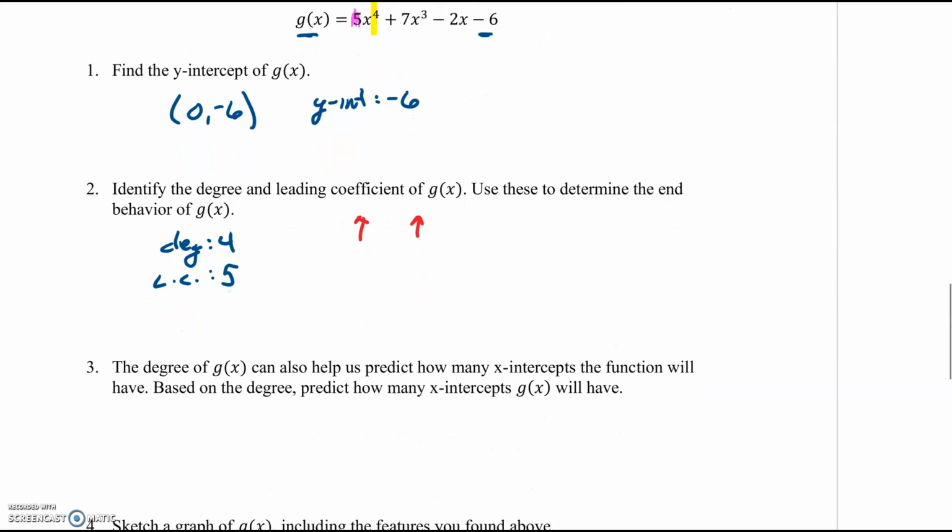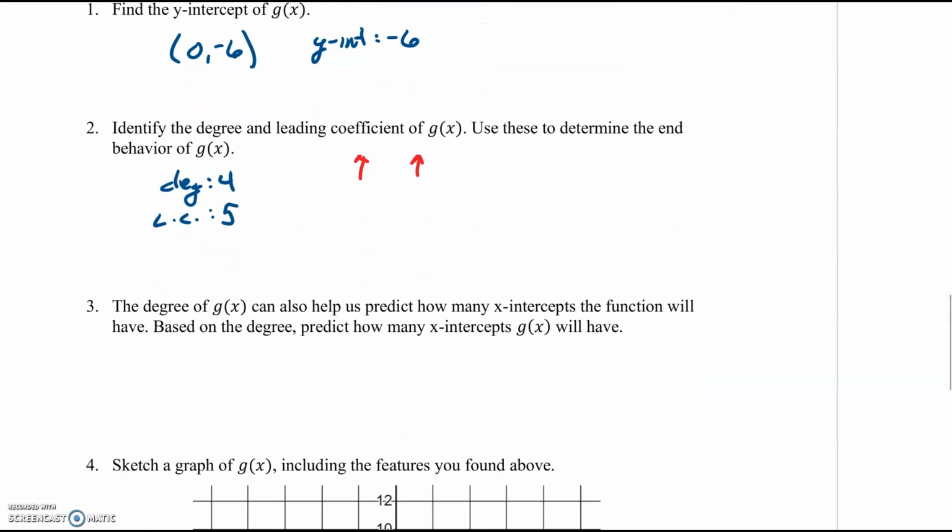Now, the degree can also help us predict how many x-intercepts the function will have. With a degree of 4, I should expect to see 4 x-intercepts.